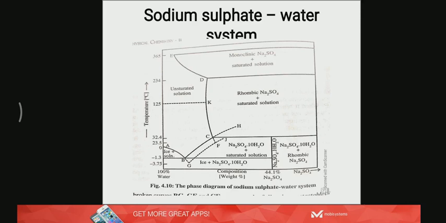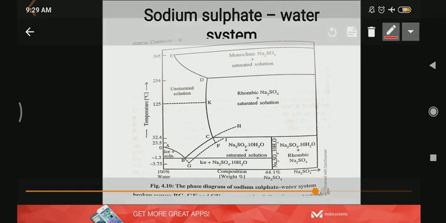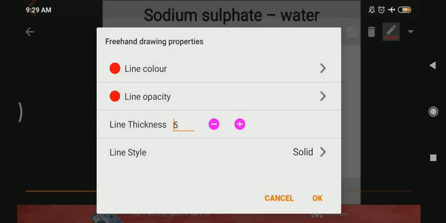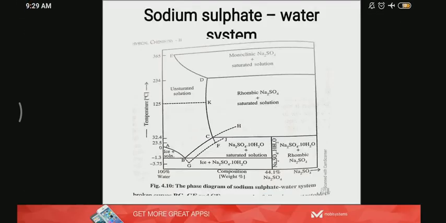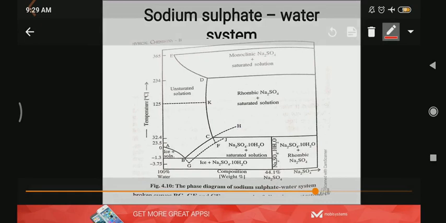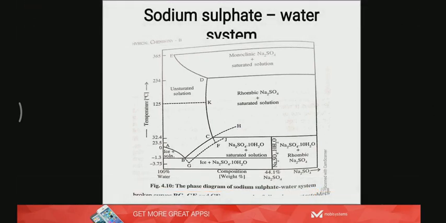So here we are plotting a temperature composition diagram. Let us explain various parts of this phase diagram, starting with point A. Point A is the melting point of ice, 0 degrees Celsius.